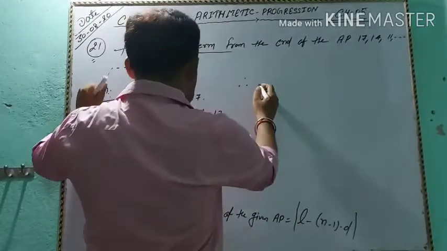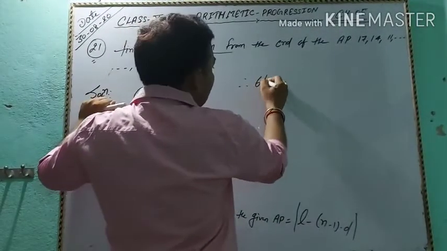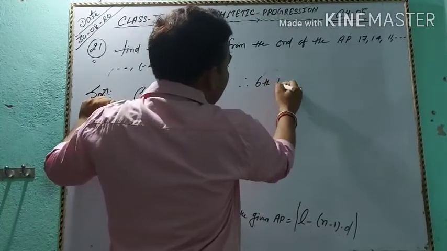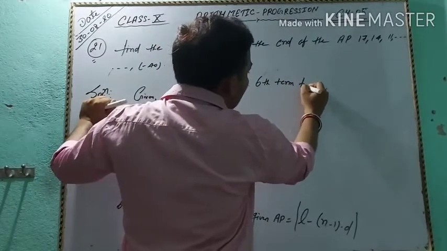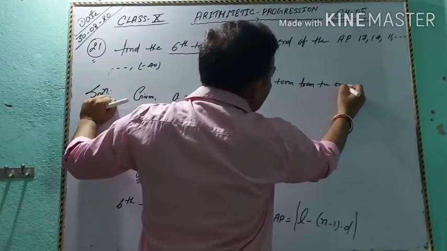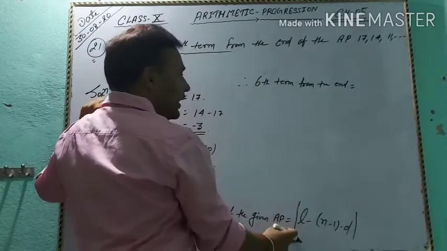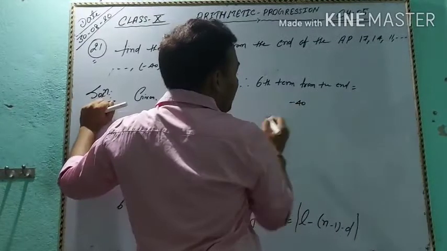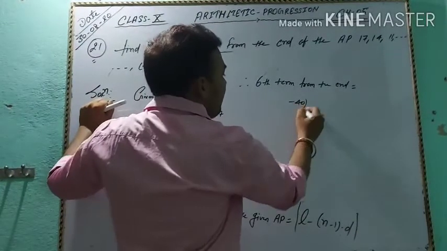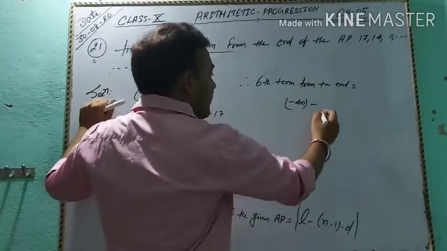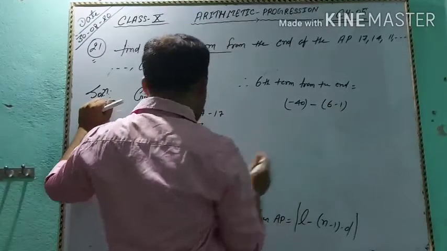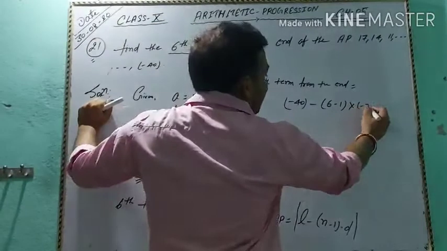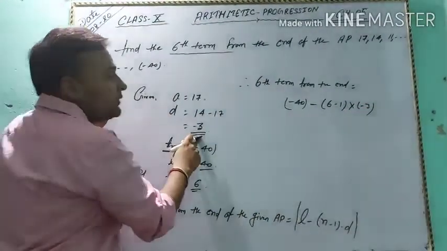So students, sixth term from the end equals L, so L equal to minus 40, minus (n minus 1), so 6 minus 1, since n equal to 6, and d equal to minus 3.